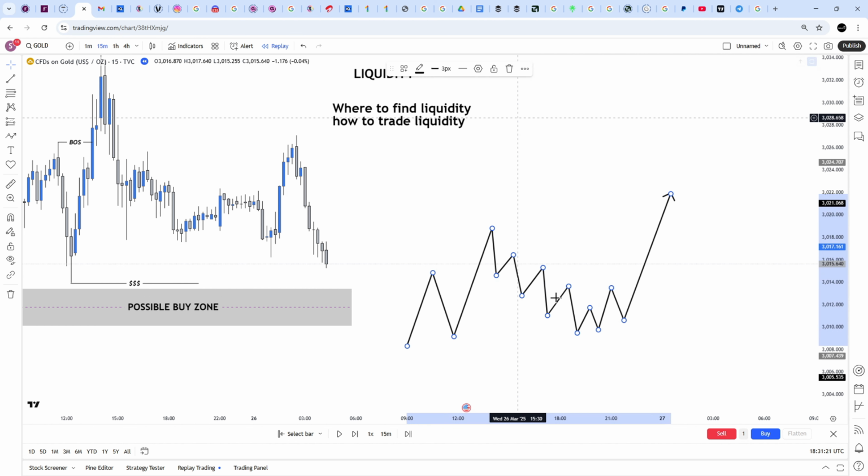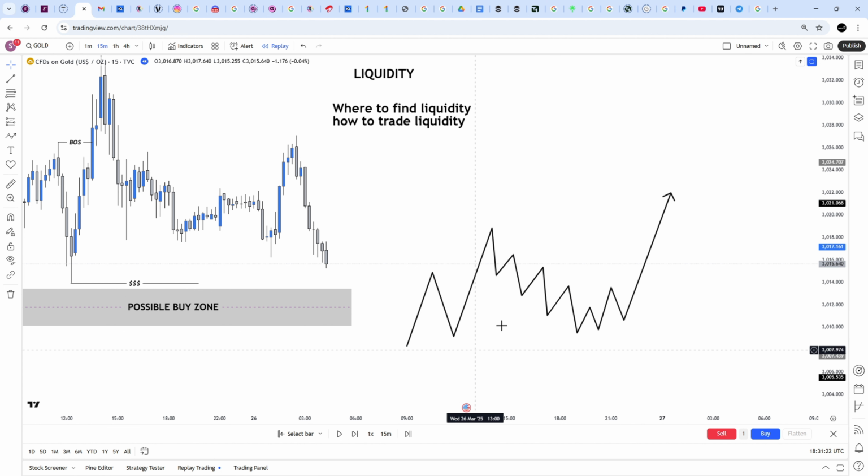So we have sell side liquidity and then buy side liquidity. Sell side liquidity is the liquidity that is low or below or in a sell zone, and then buy side liquidity is the liquidity that is waiting to be taken by the buyers, or this side of the buying.